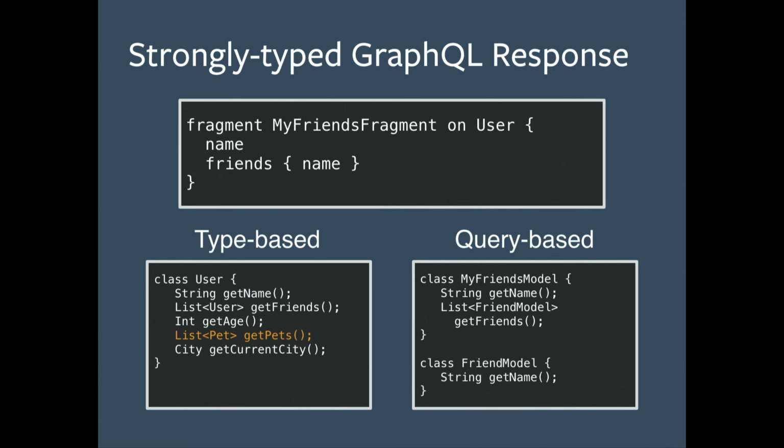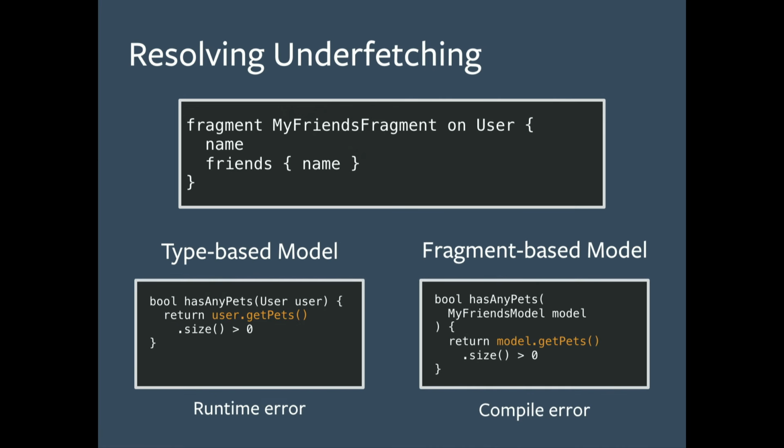And I want to illustrate another problem. This is an error-ness situation, right? The yellow highlighted part shows the implementation code trying to get the list of pets, right? But in the query or fragment, you haven't queried the information. So I'm showing you this because the fragment-based model definitely avoids this problem of underfetching.